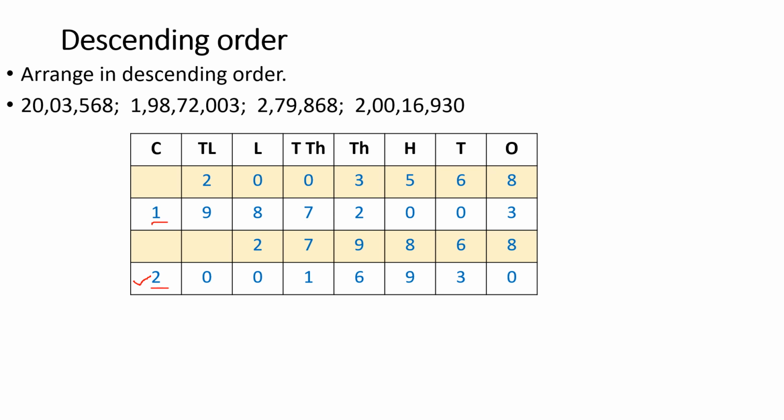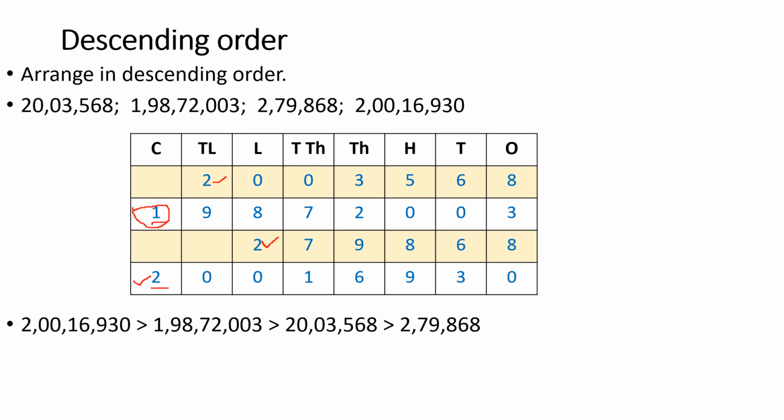Then this one, this numeral will come, and then this numeral will come because it has 7 number of digits, and this numeral has only 6 number of digits. That's why it will come at last. It is the smallest among all. So it is our sequence. Just see here, 2 crore 16 lakh 930.